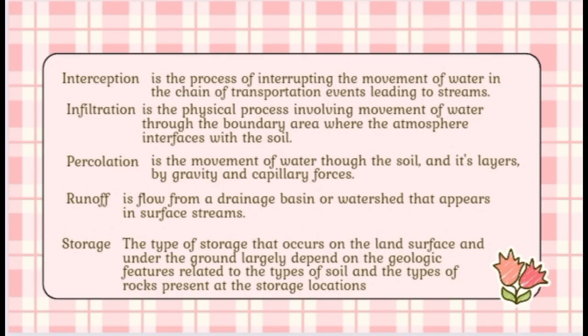So, next, interception is the process of interrupting the movement of water and the chain of transportation events leading to streamflow. The interception can take place by vegetal cover or depression storage in puddles and land formations such as rills and furrows.